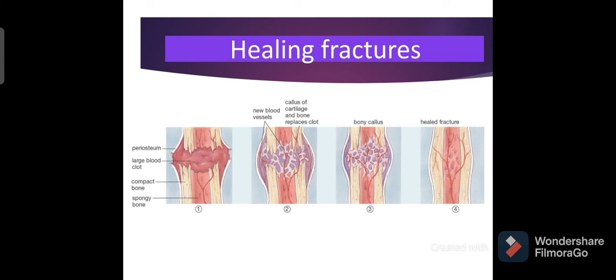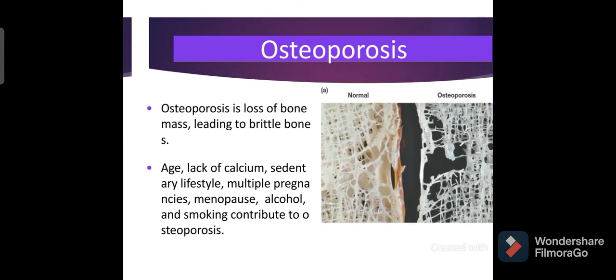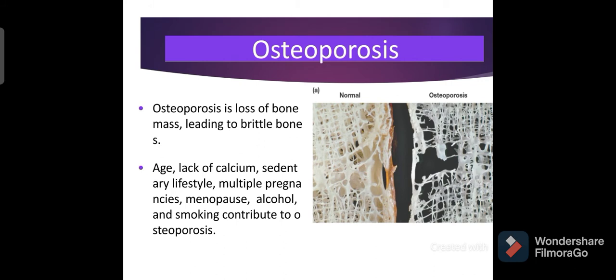See the difference between the fractured and the healed fracture. Osteoporosis. Osteoporosis is loss of bone mass, leading to brittle bones. Age, lack of calcium, sedentary lifestyle, multiple pregnancies, menopause, alcohol, and smoking contribute to osteoporosis.